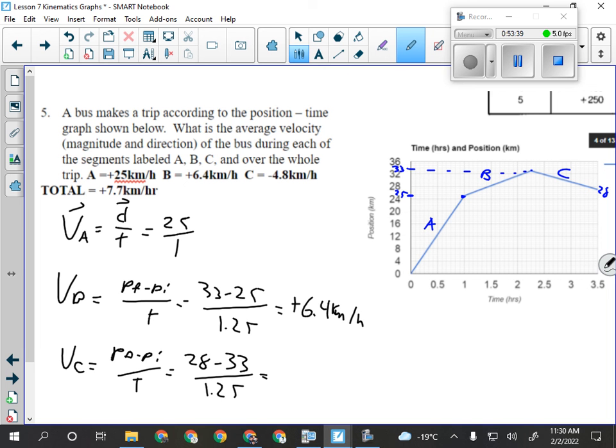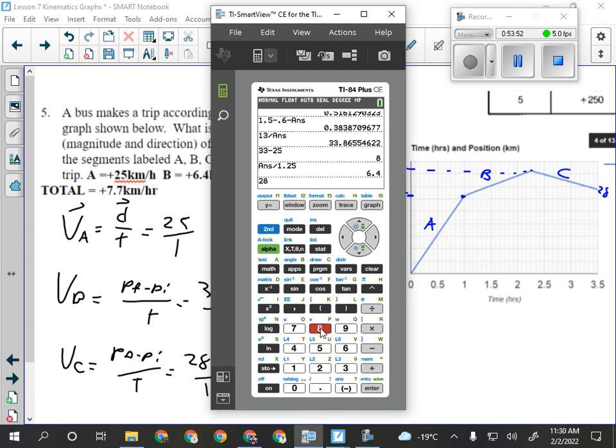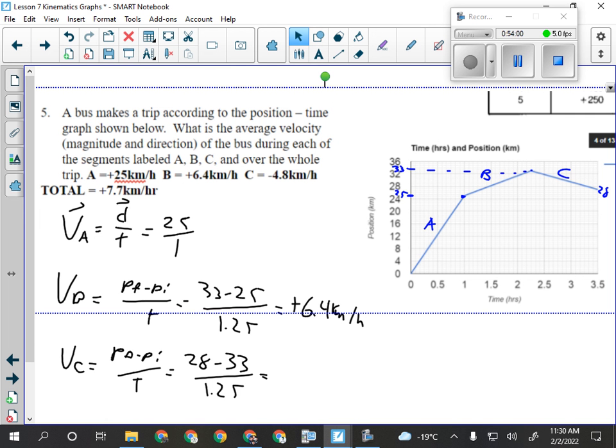So we're going to have 5 over 1.25, which should give us 4.8 kilometers per hour, or something close to it, but it'll be negative. Okay, so 28 minus 33 divided by 1.25, negative 4. So I must have got a number slightly different off that graph than I did the first time.